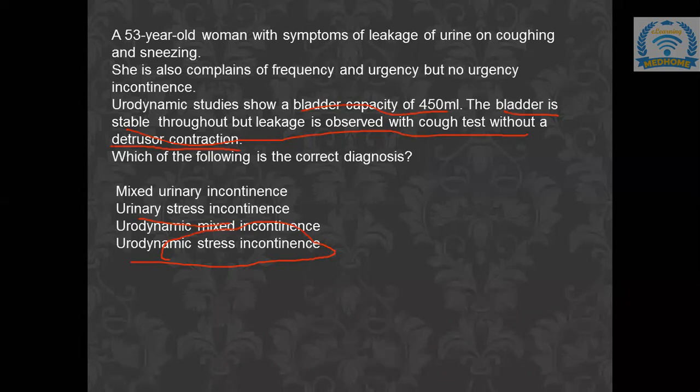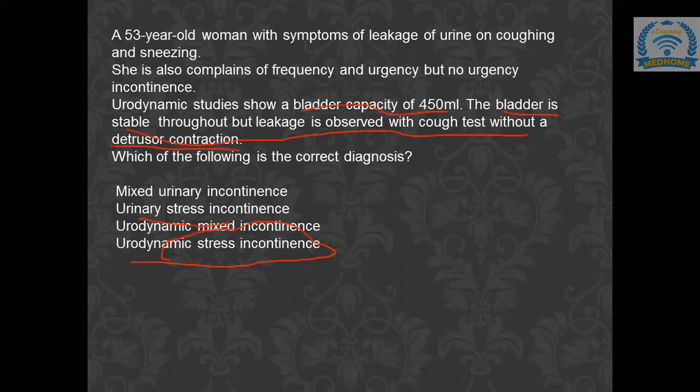It has to be a normal urodynamics study, because in dry detrusor overactivity there will be no leakage, only the pressure will be rising. In sensory urgency, the urodynamic studies will be totally normal except for the decrease in bladder capacity.